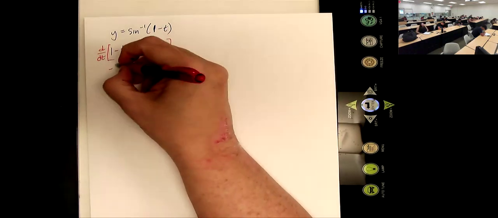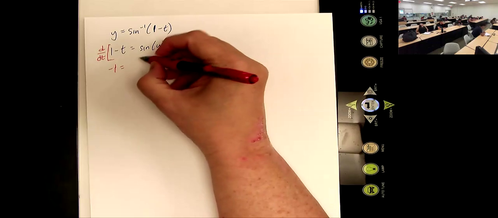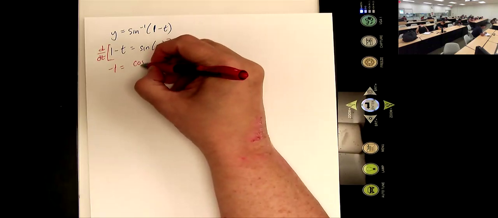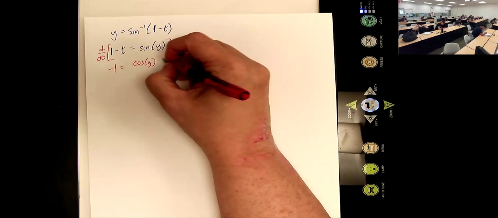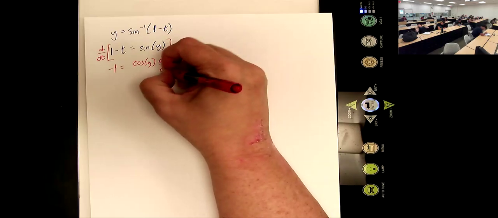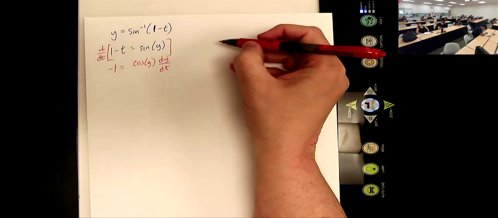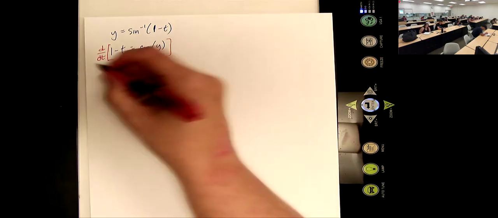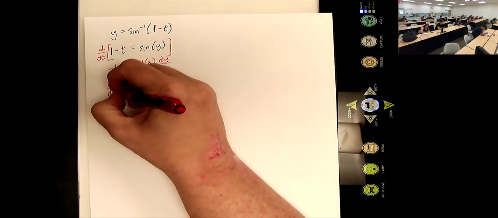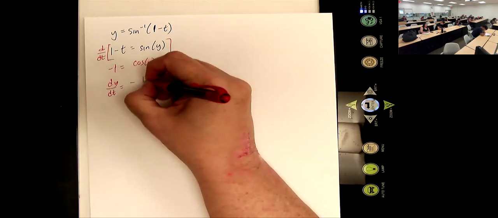That's going to give me -1 equals cosine of y times dy/dt. So dy/dt is -1 over cosine of y.